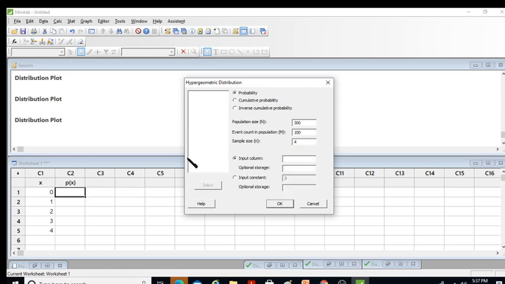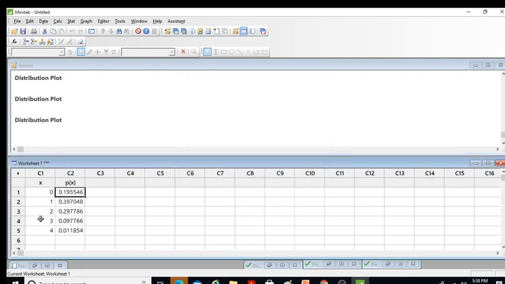Let's say my input column is C1, where I want it, and C1 would be enough, and output storage would be C2. So all these corresponding probabilities would be stored in column 2. Okay, let's do this.